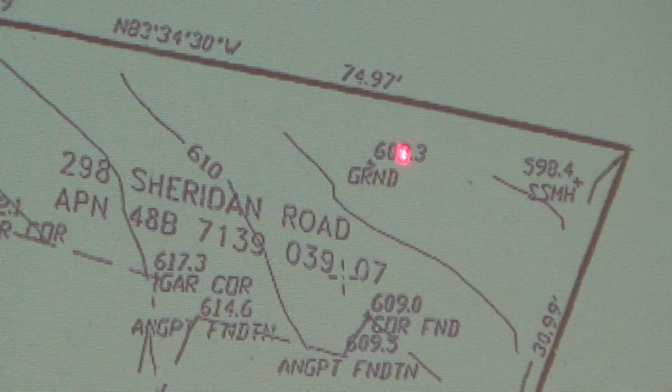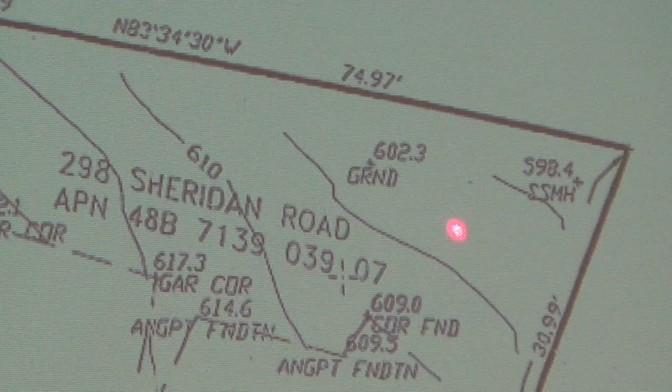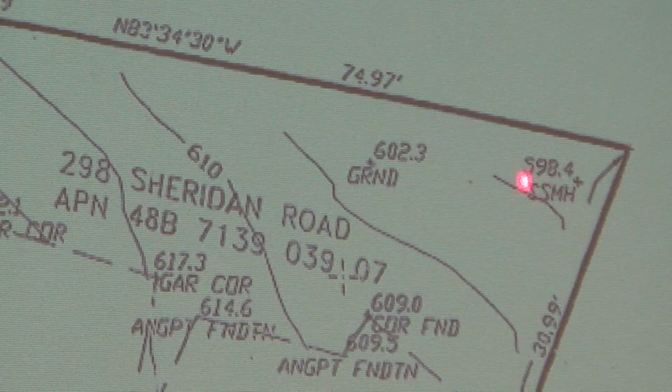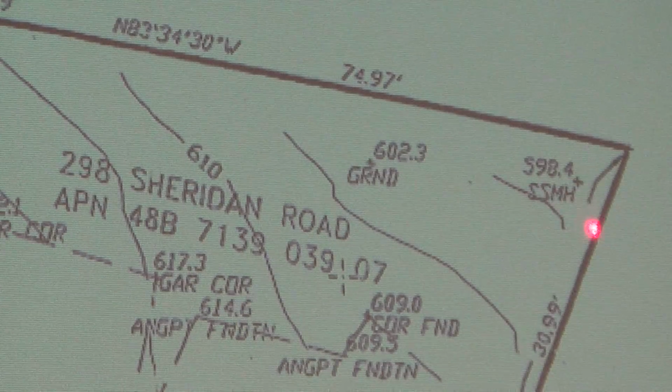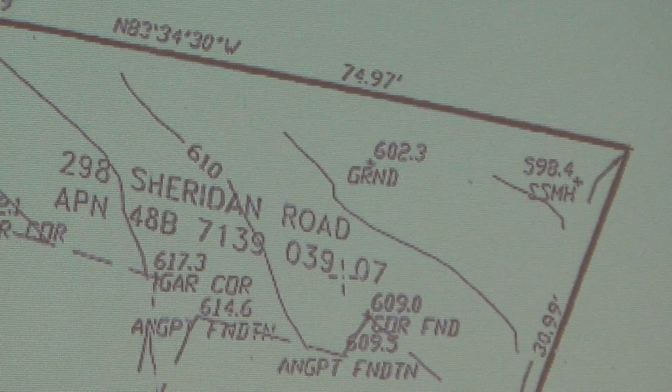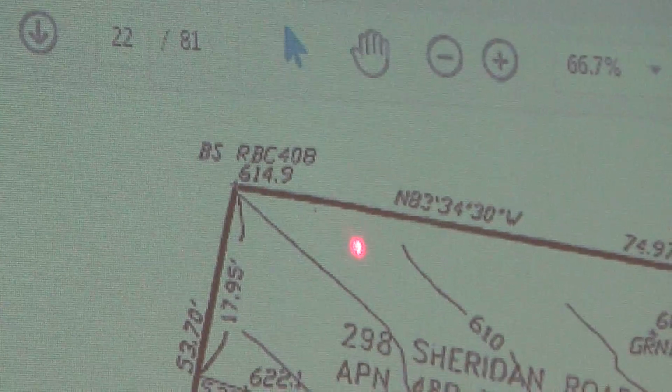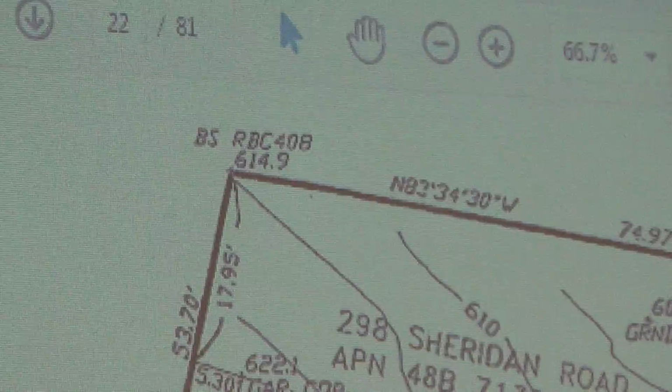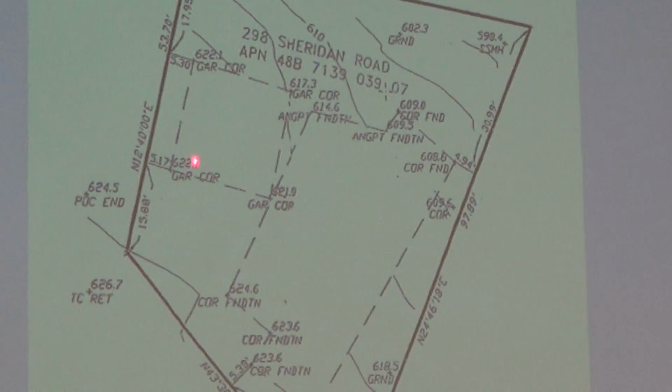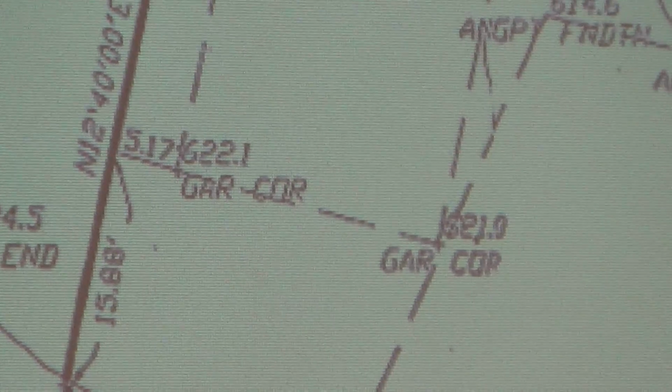What do you think that 602.3 is? And what is this 598.4? Another elevation, and what's the 614.9? Probably an elevation, and there's a 621.9 here. What is that? An elevation. These are all elevations.